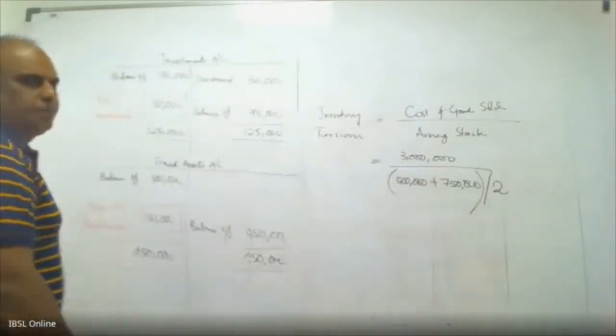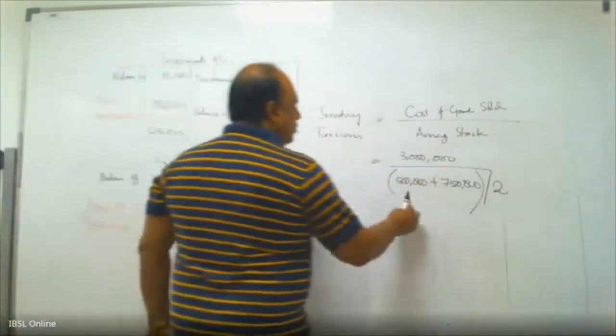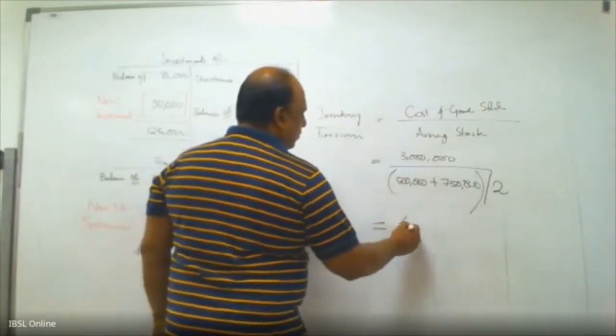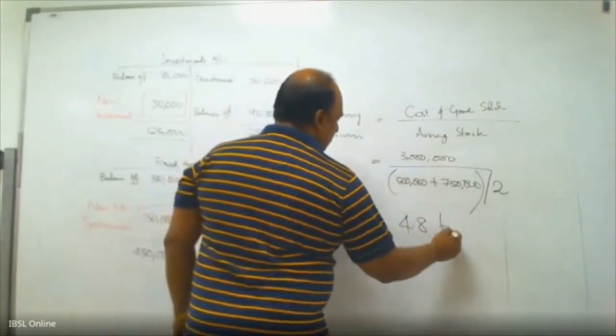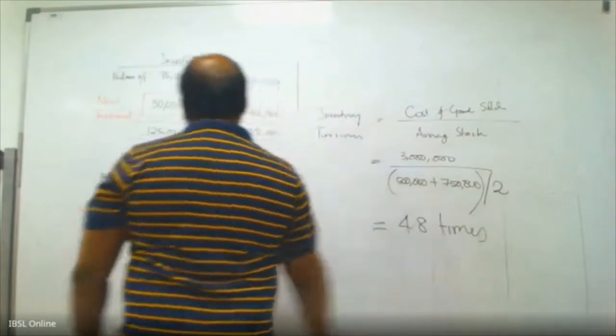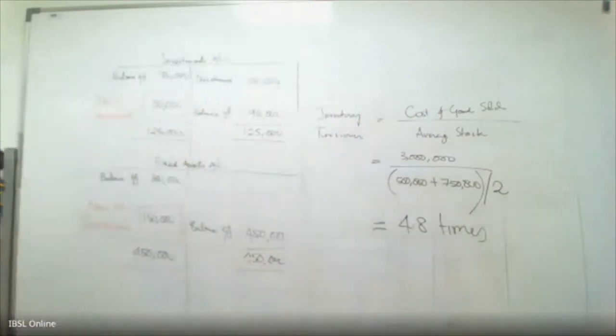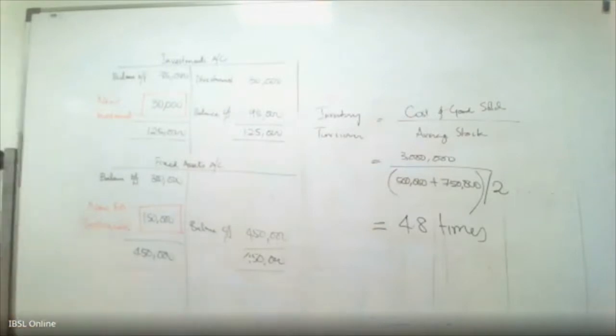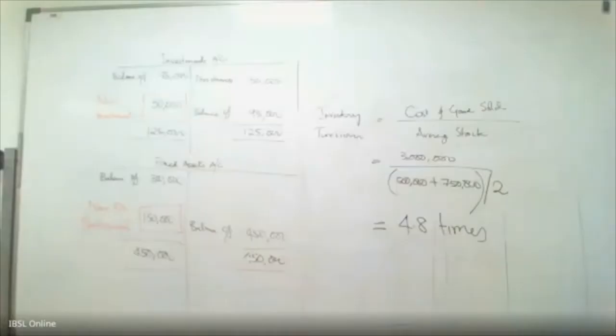Correct? This will give you 4.8. Is that correct? Is that understood? Yes, sir. That is how you get 4.8.